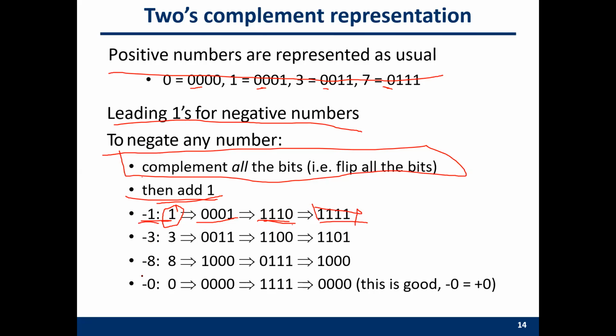And let's do this calculation again for -8. For -8, we need to write 8 first. The binary form of 8 is 1 followed by 3 zeros. We do the inversion. Now we have a 0 followed by 3 1s, and then add 1. So this is -8.